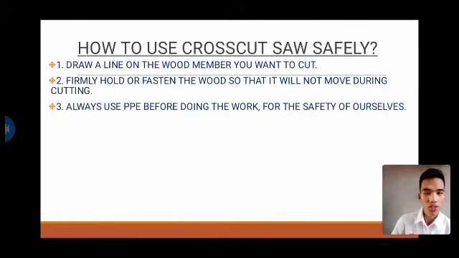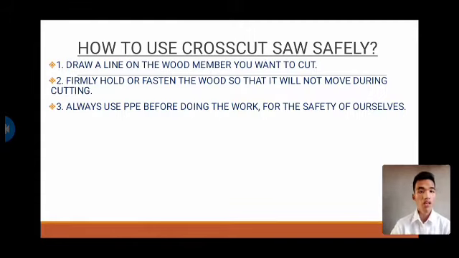How about number 3? Number 3 says always use PPE. Do you know what PPE is? PPE is personal protective equipment, just like eyeglasses, gloves, shoes, jacket, and many more.